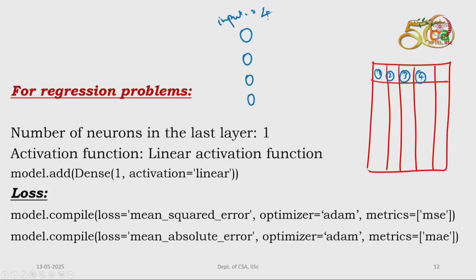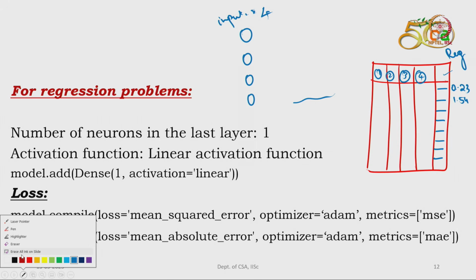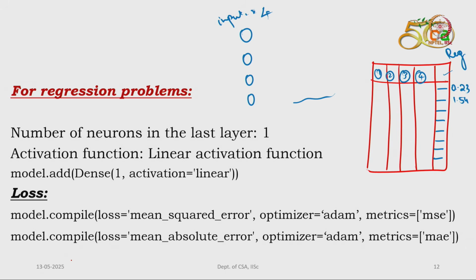Next, hidden layers, there is no restriction. We are talking with respect to the output. At the output, what we are solving is a regression problem. When we are solving a regression problem, what will be there at the output? We will have a number, a real number, or a continuous number, something like 0.23 or 1.54. So, what should the neural network architecture be?